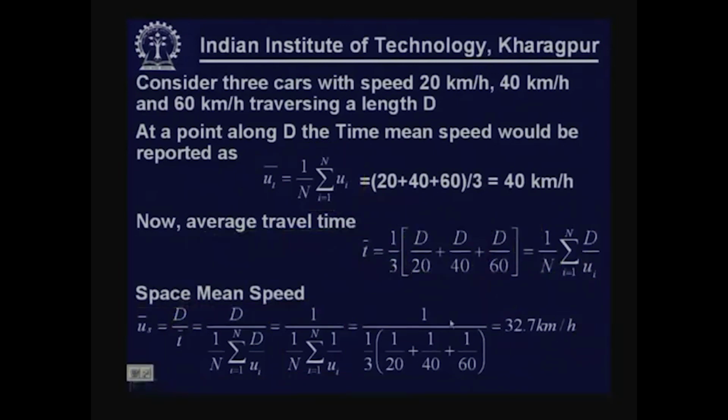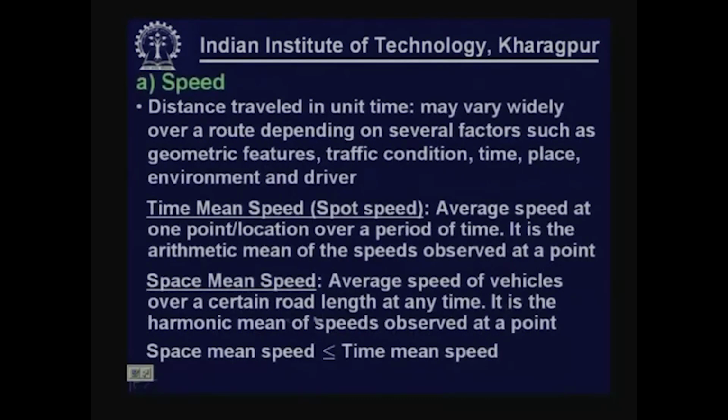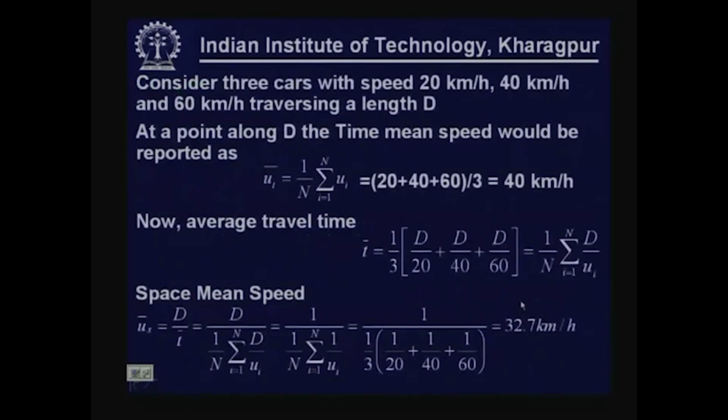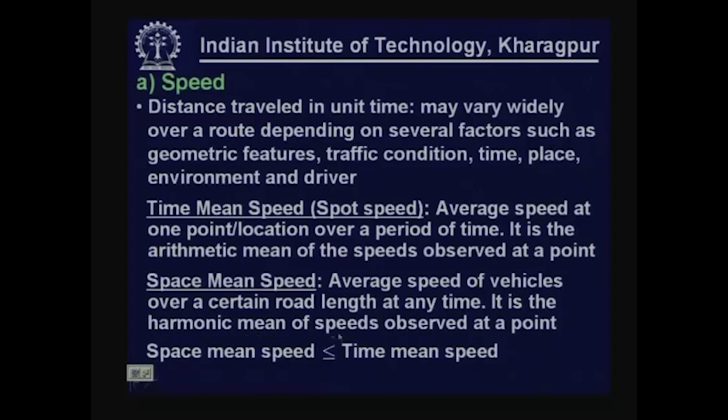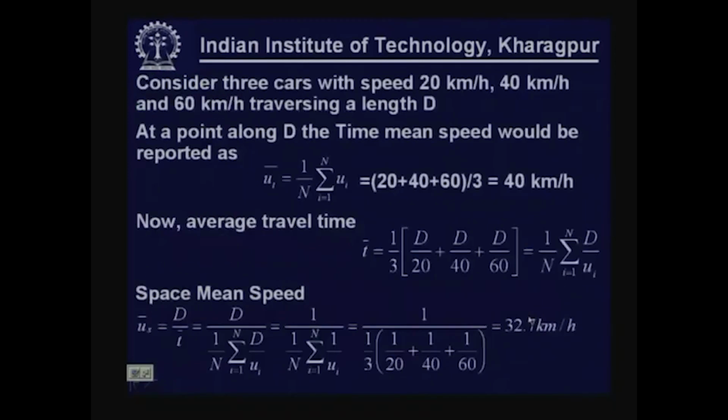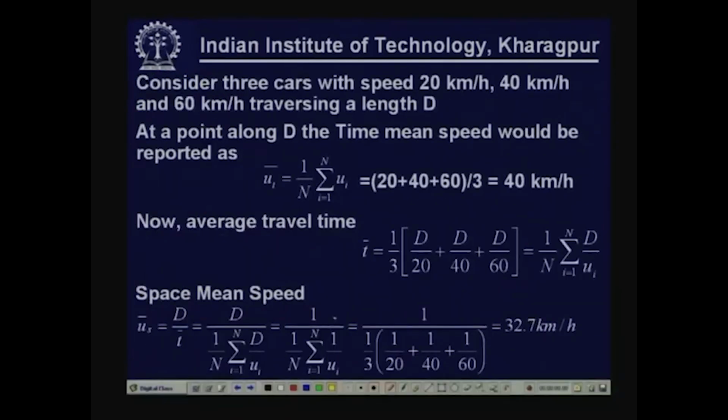So, now what we indicated, we told that space mean speed is the harmonic mean of speed observed at a point. That is what we have shown here. It is the harmonic mean of speed observed at a point. We have observed speed at a point is ui. So, it is the harmonic mean, n by sum over 1 by ui, i varies from 1 to n.